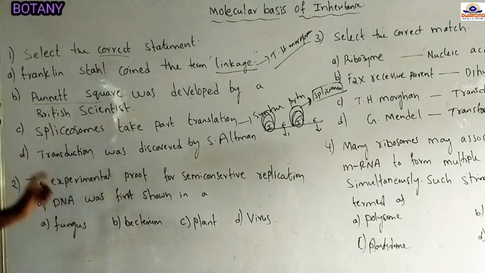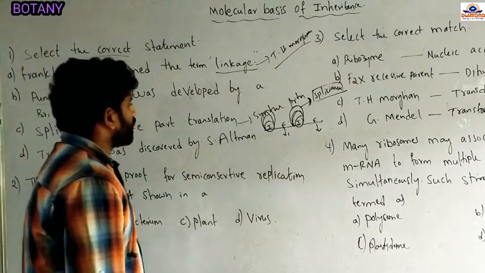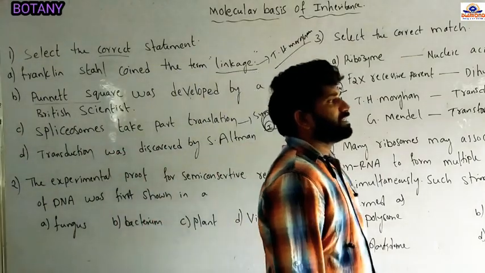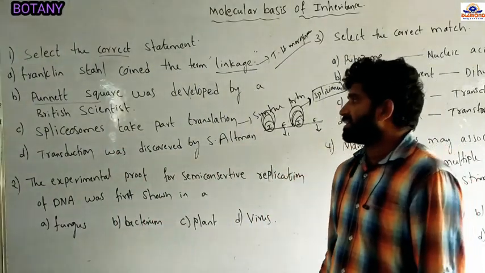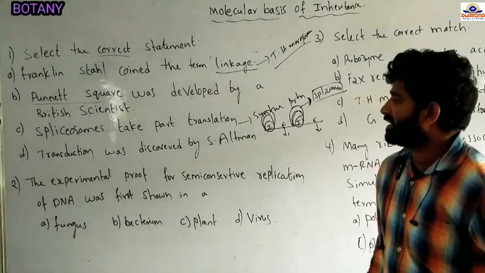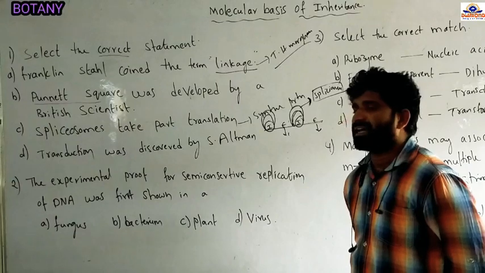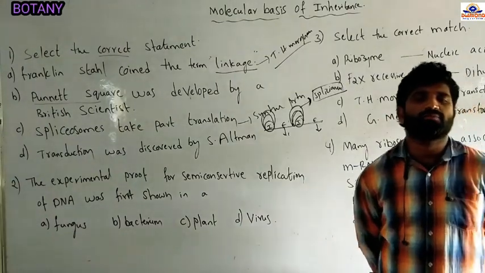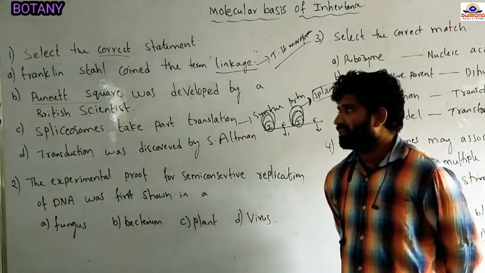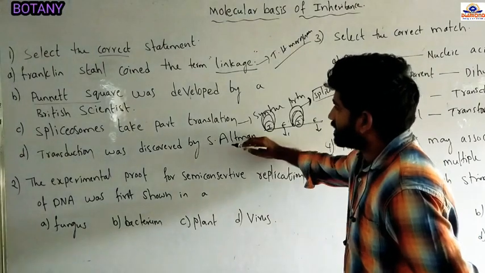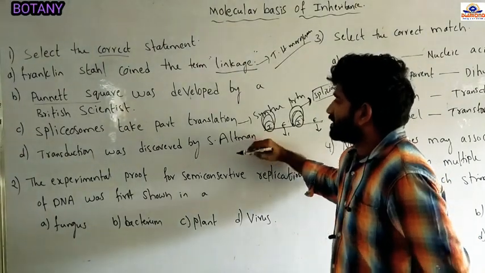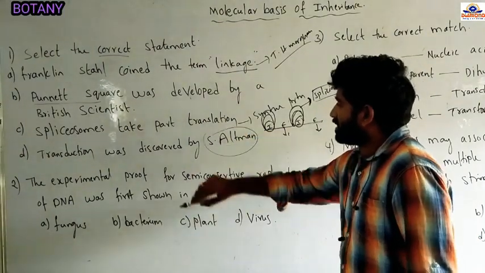And option D, transduction was discovered by S. Altman. Here, transduction was discovered by Zinder and Lederberg. Transduction is a type of gene transfer in bacteria, and it was discovered by Zinder and Lederberg, not Altman.